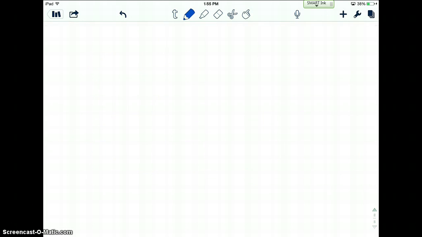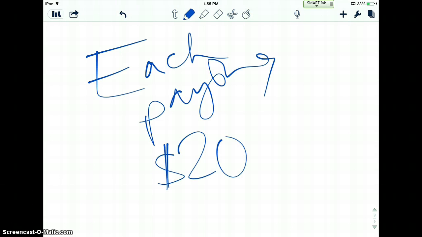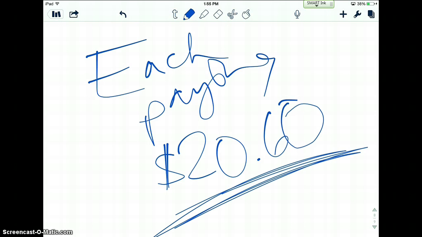Now I'd like to say they're each paying $20.60, but I'd actually be lying because they still are responsible for the sales tax, right, people? But that wasn't included in the problem, and when we calculate out tip, we don't use the sales tax. So they're going to end up paying a little more with sales tax, but as of right now, that's approximately how much each person is paying.